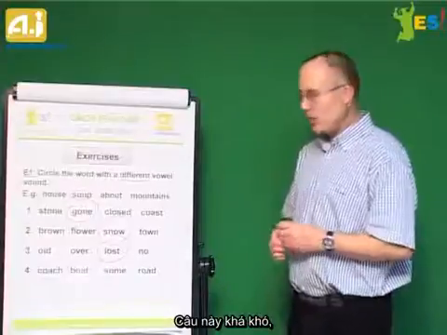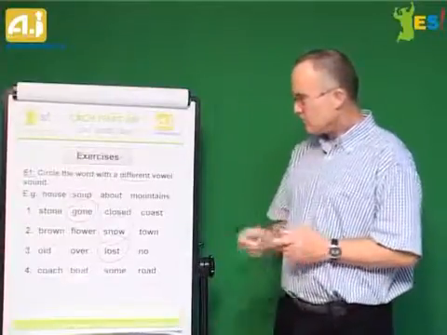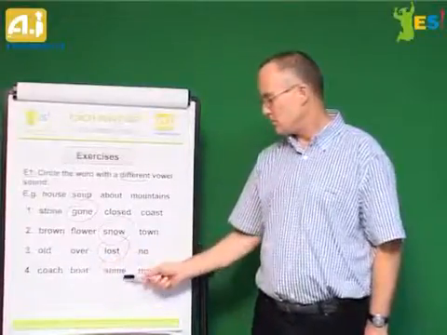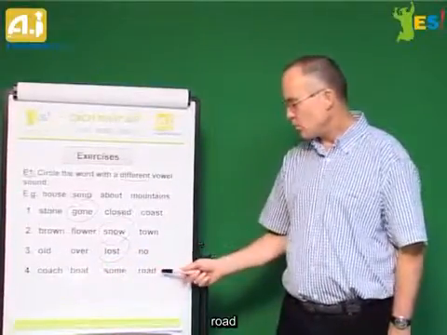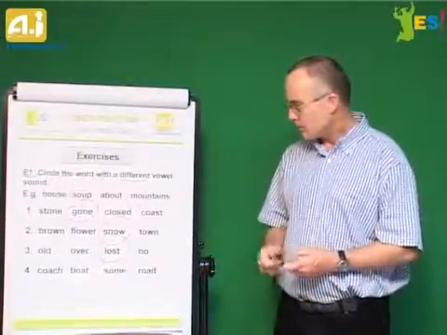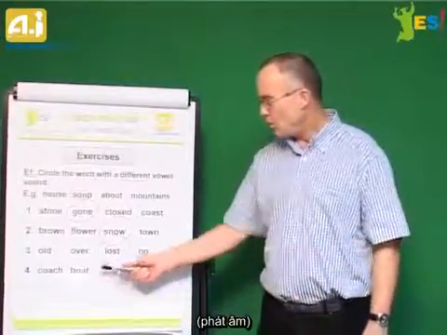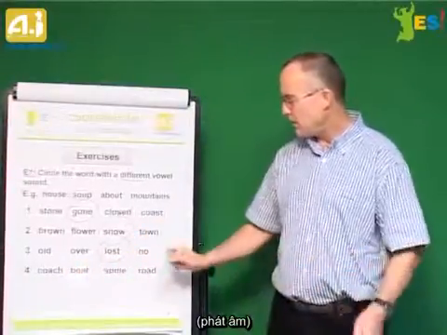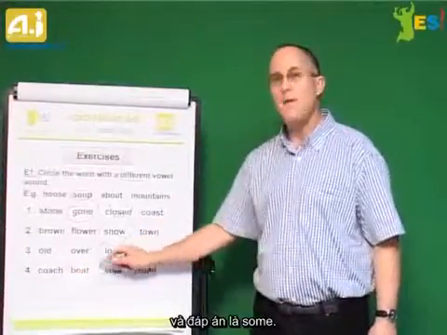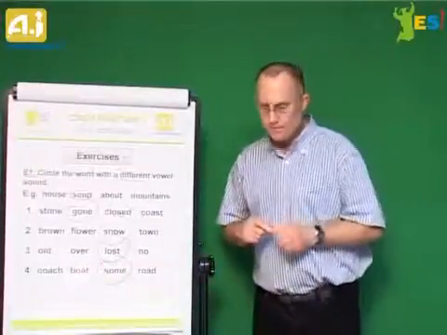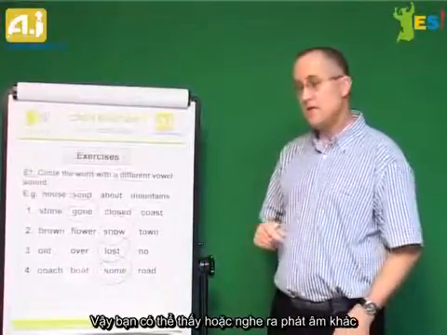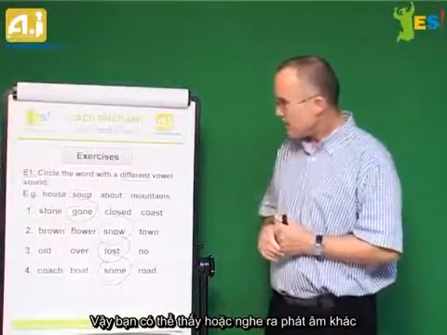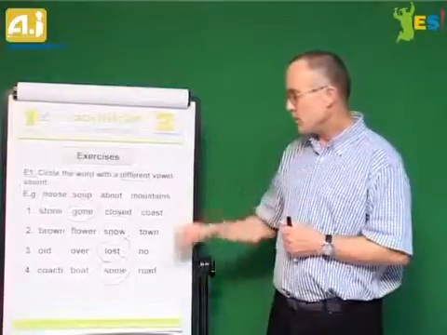That's kind of a hard one. Coach, boat, some, road. Oh, oh, oh, and some. So you can see that that is a different sound, or hear that that is a different sound, a different vowel sound. Good job.